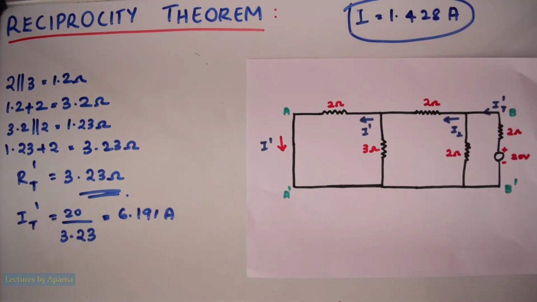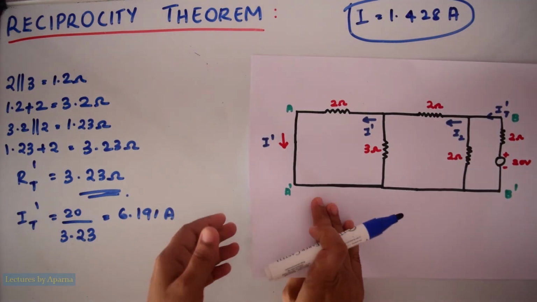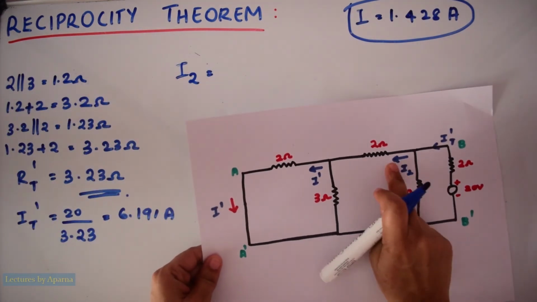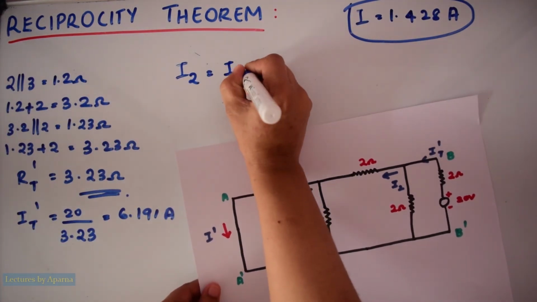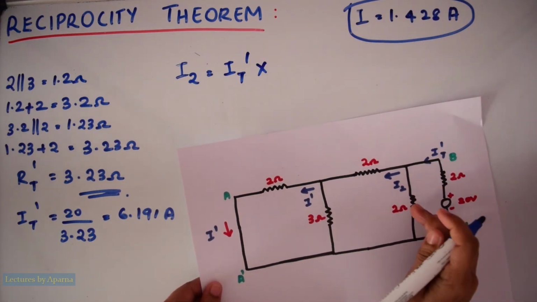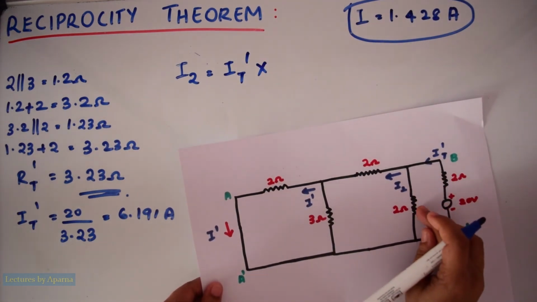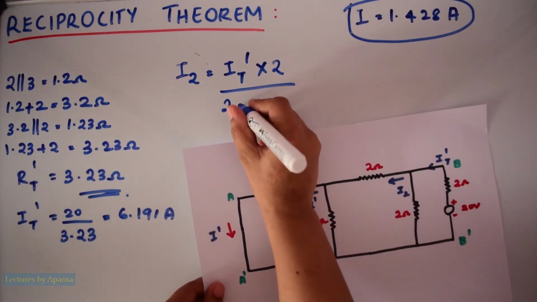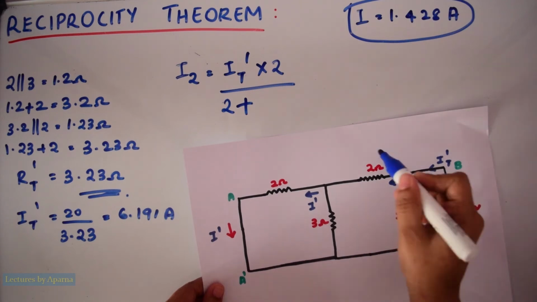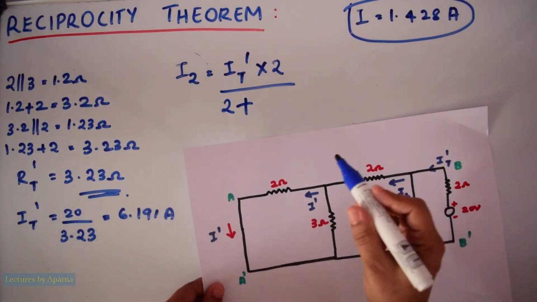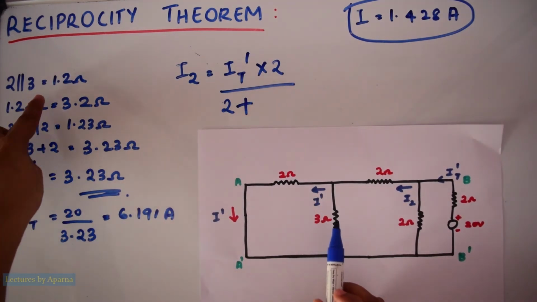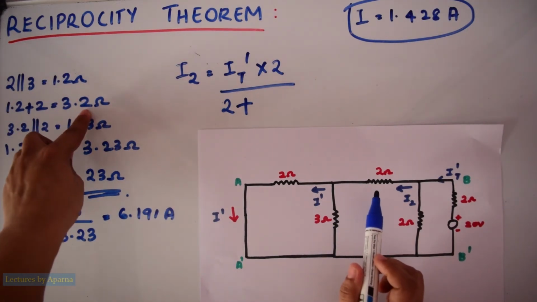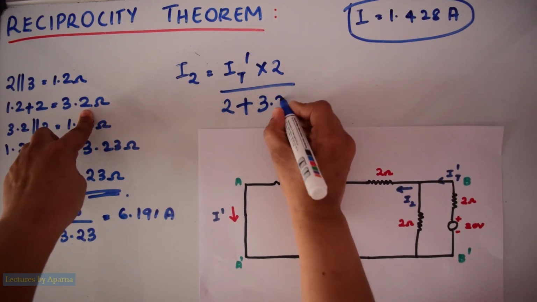Now again using current division rule we have to find I2. So I2 is equal to total current IT dash into the resistance in the other branch, that is this 2 ohm, divided by this 2 ohm plus the resistance in this branch, that will be equal to 2 parallel to 3, 1.2, 1.2 plus 2, 3.2 ohm.